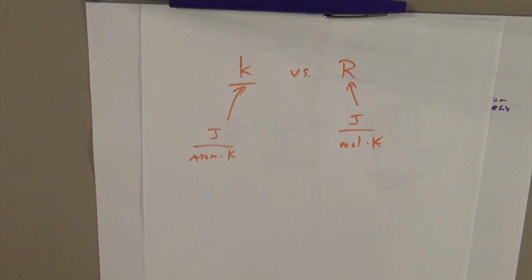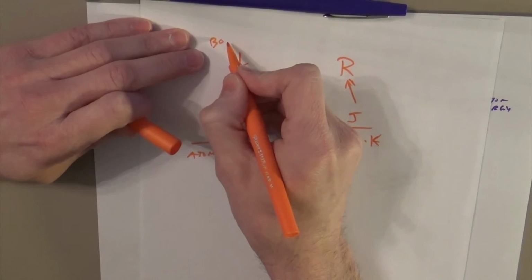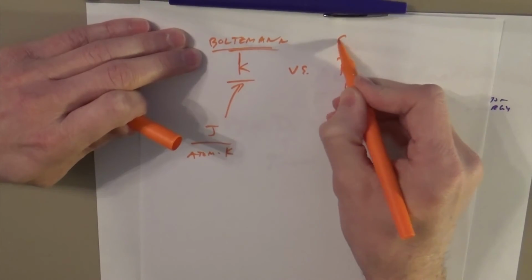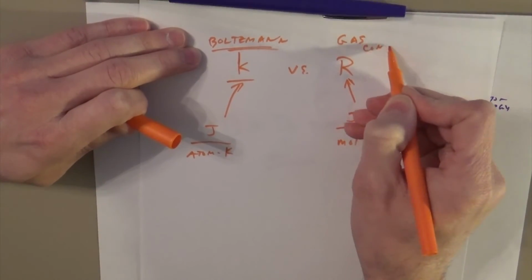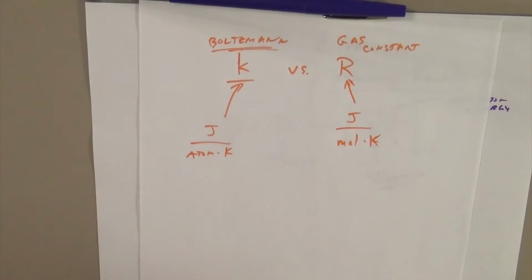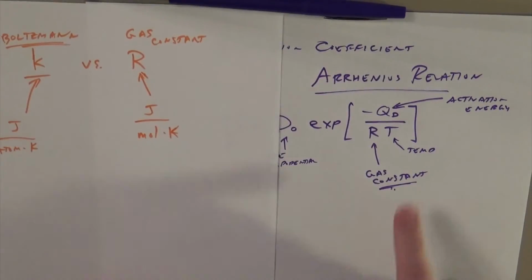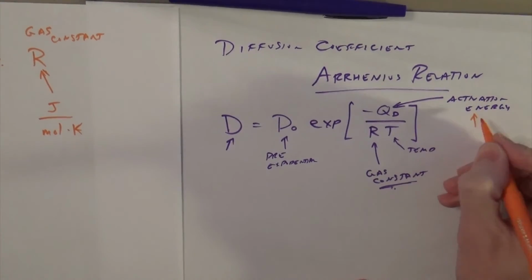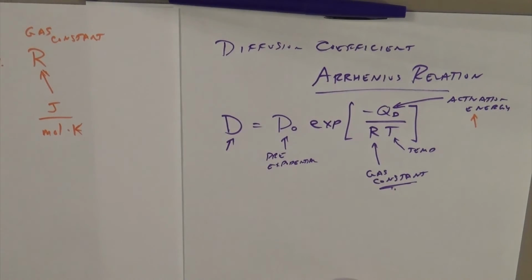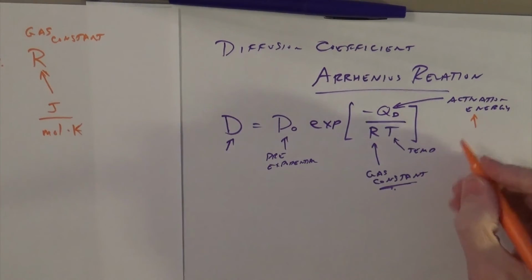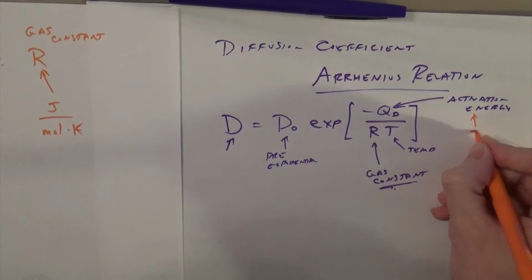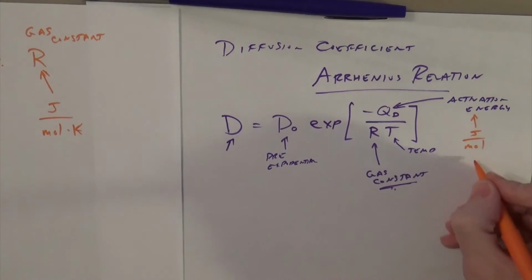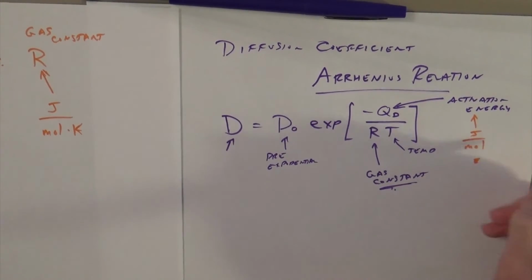Boltzmann versus gas constant. Right? And in the case of diffusion, we're talking about this mass diffusion, and this activation energy then is going to be energy, so joule per mole, right? Or some energy per mole.